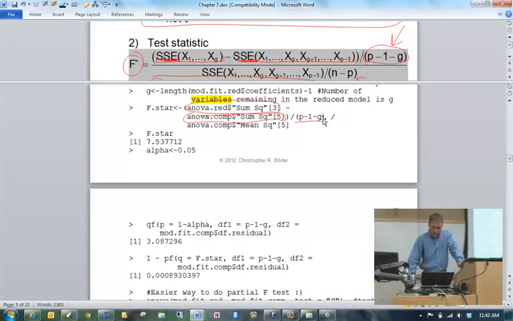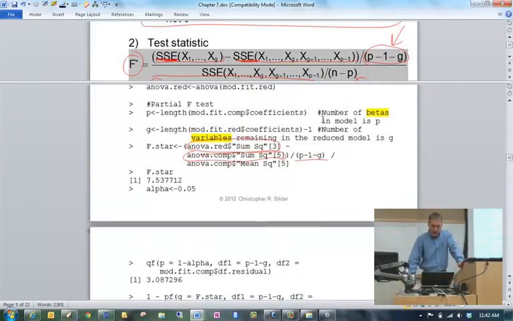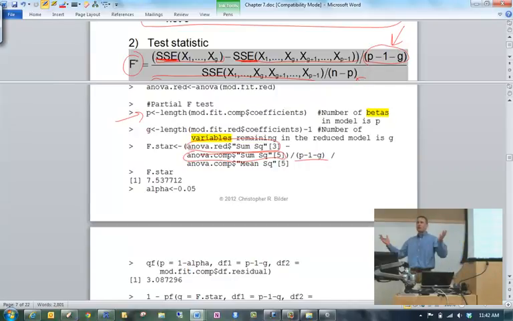So what's p? Well, p is the number of betas in your model. What's an easy way to find that? Well, take the length of mod.fit.comp$coefficients. So that contains all your b's, your estimated betas. So what is p here? p is 5. g in this case is 2.